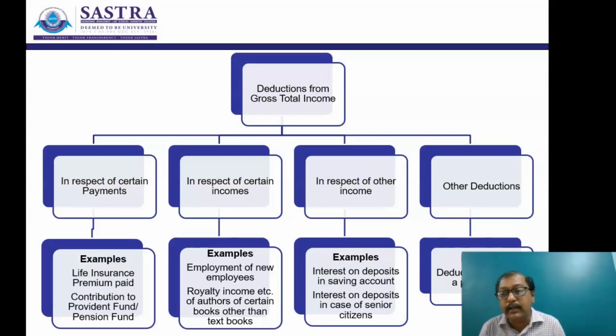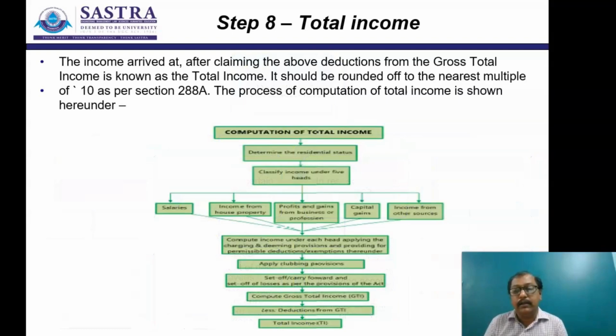Other deductions, like deductions in case of, let us say, personal disabilities, or maybe for certain expenditures, some deductions can be given. All these deductions are going to be deducted, and you are going to arrive at the total income of an individual.